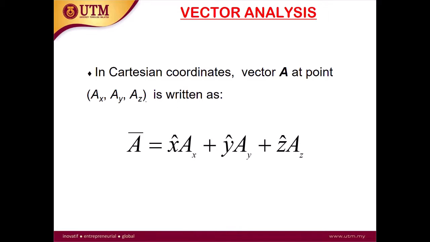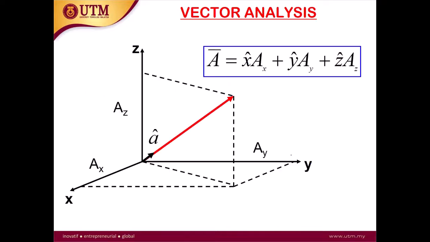So basically the point is anywhere inside the Cartesian coordinate system. Let's say this is a vector A. So how can we represent the vector A here?